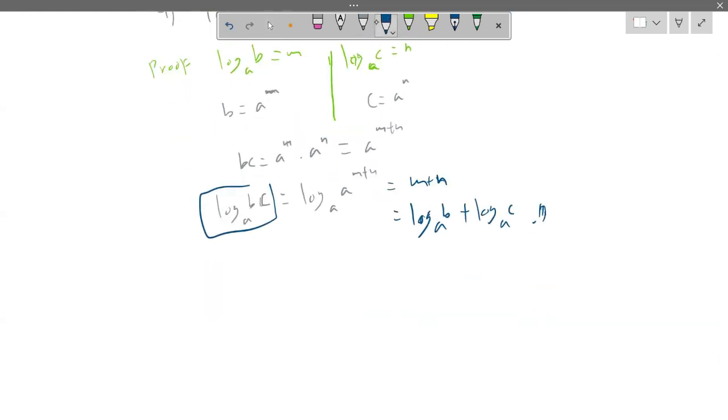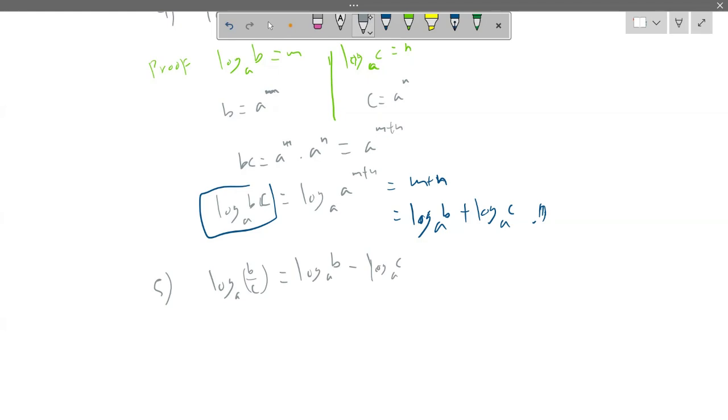Number 5 is somewhat similar to number 4, but this one talks about the ratio of arguments and the difference between logarithms. So log of B over C base A is equal to log of B base A minus log of C base A. And here the method to do this is quite similar to the previous one.